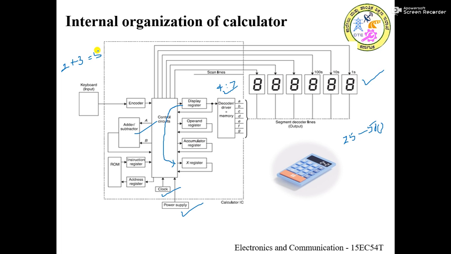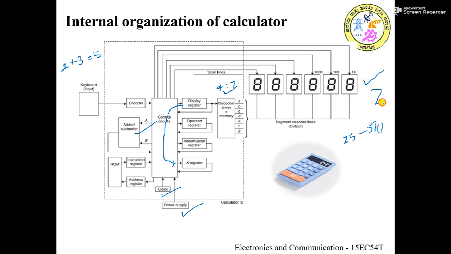As soon as he enters 2, it is encoded and stored in the display register. The copy of the display register goes to the 7 segment display and 2 is displayed.